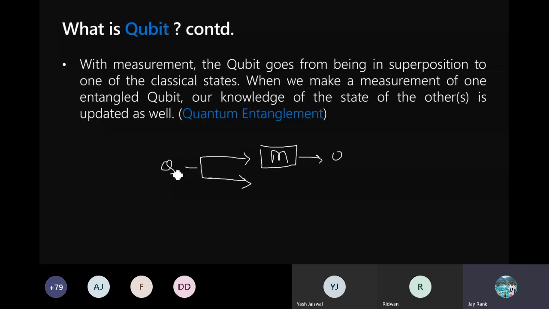If I measure one of the qubits and the outcome is 0, I can automatically say that the other qubit will have the value 1. That is how quantum entanglement works. With the same property, we are going to infuse multiple qubits into our programming simulations, and we will use quantum entanglement as a concept through which we measure the current state of the qubit and use it for manipulating our quantum algorithms.